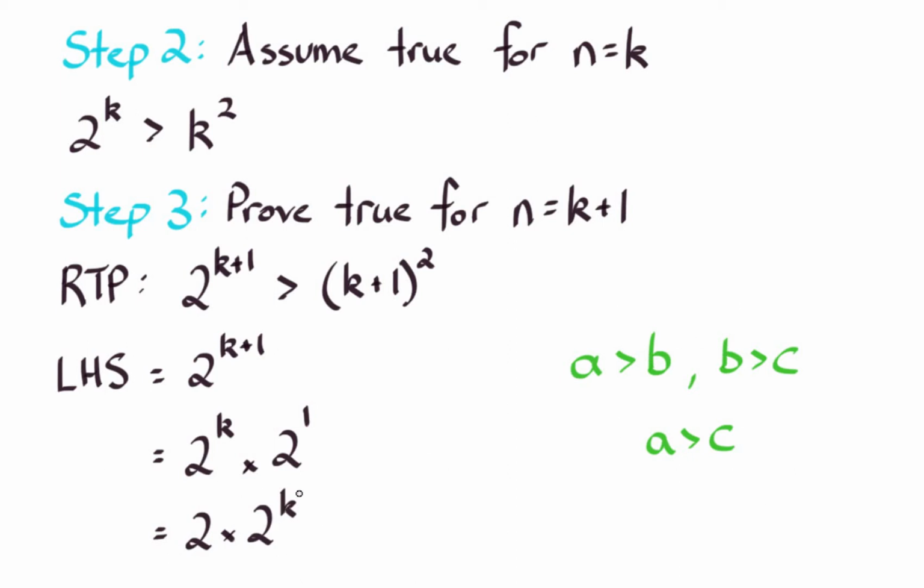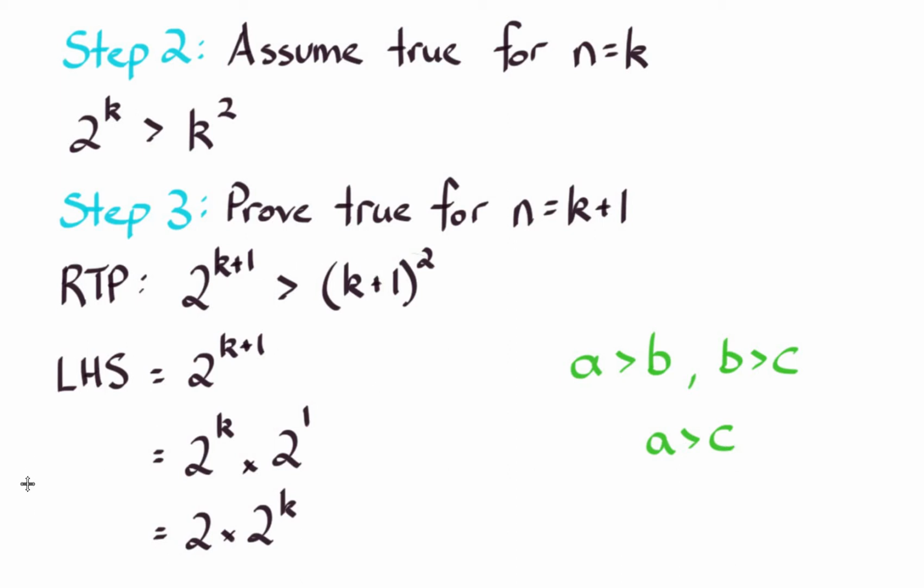So when we substitute out the 2 to the power of k with our k squared, we know that this term will be greater than the line we're about to write next. So that's like our a. Then when we do our substitution, it's like we'll have our b, and if we can show that that is then greater than our c, it follows that a is greater than c.